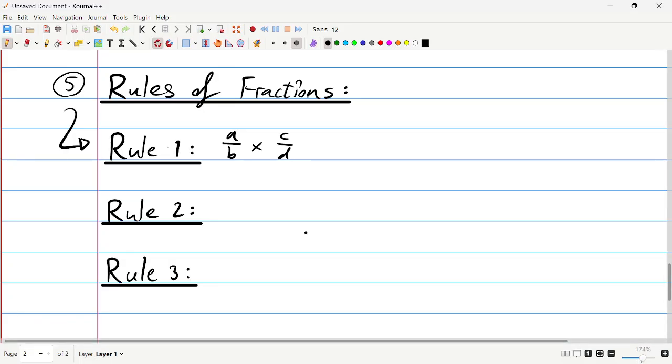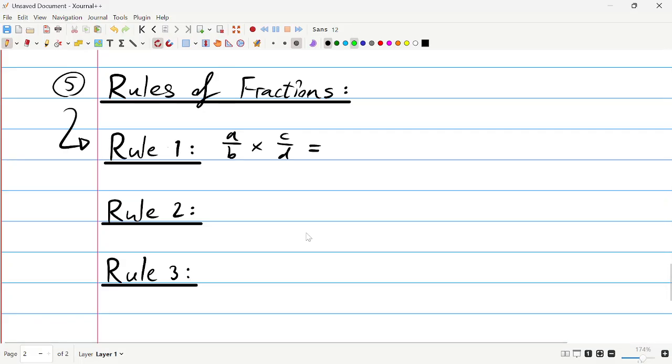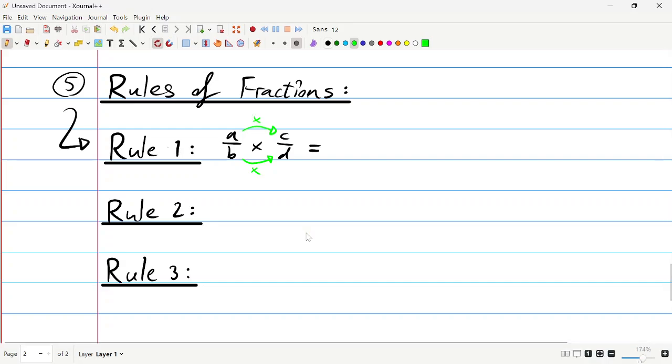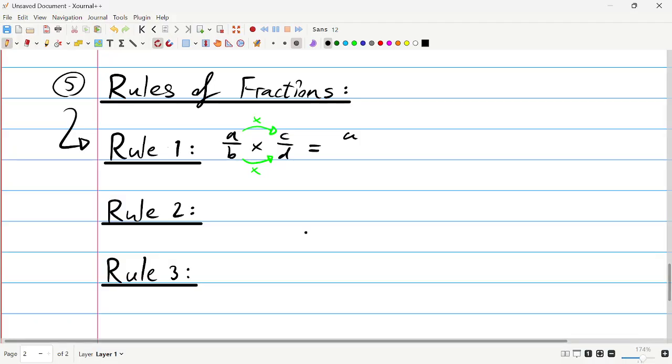In this case, we have a over b times c over d, and if we multiply two fractions, the numerator will multiply by the numerator, and the denominator will multiply by the denominator, such that we are going to put it into one fraction, such that we have a times c divided by b multiplied by d. And therefore, we can actually write it as AC over BD. So that's our first rule when it comes to fractions.